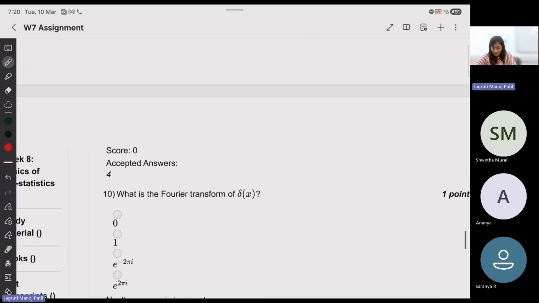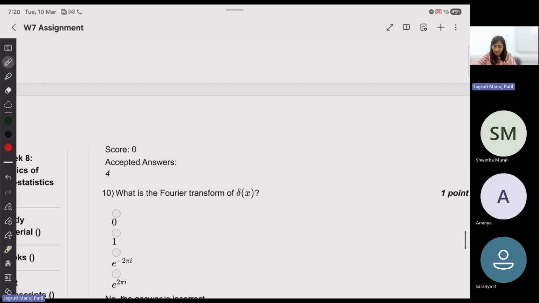After that, this is the last one that we also saw. What's the Fourier transform for delta of x?